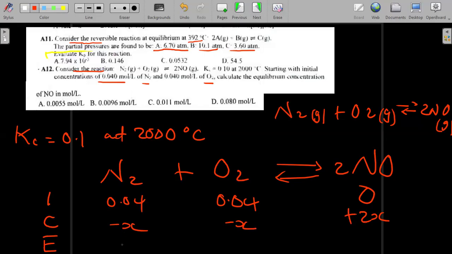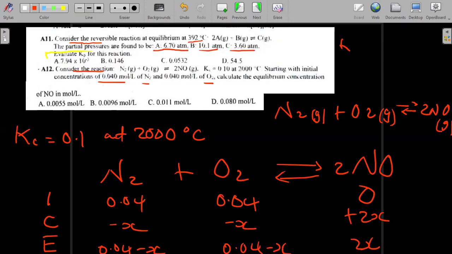The equilibrium concentration will just be 0.04 minus X, here also 0.04 minus X, and here it's going to be 0 plus 2X, which is just 2X. So this is what we have there, and from there we can calculate the equilibrium concentrations using the K value here.